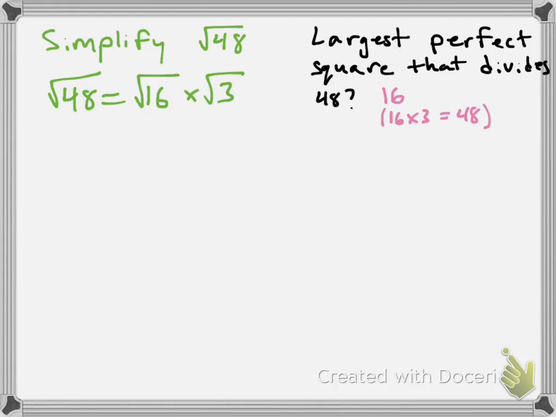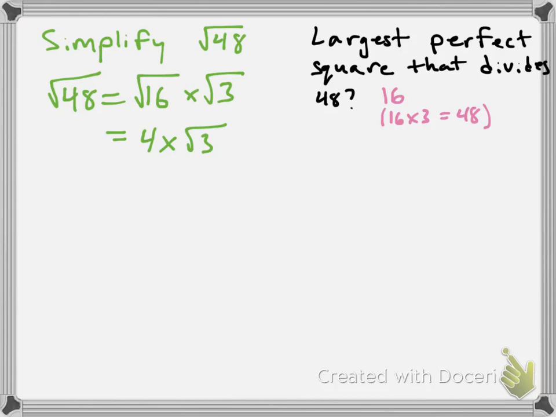This is why we needed one number to be a perfect square, because the square root of a perfect square is always a nice number. The square root of 16 in this case is 4. So we can simplify this even further and get 4 times the square root of 3.